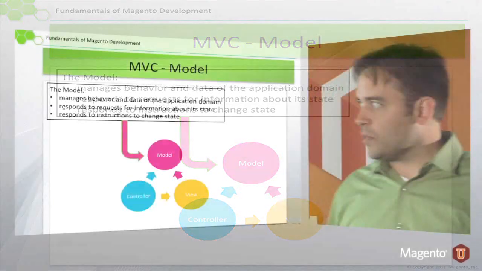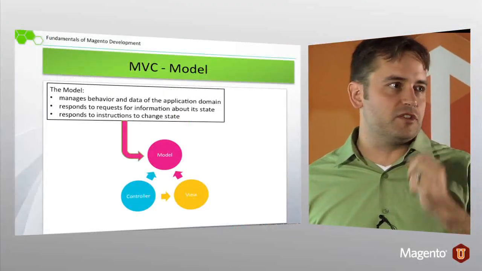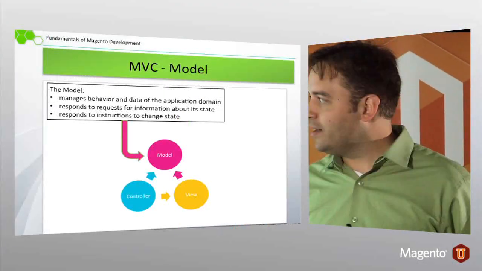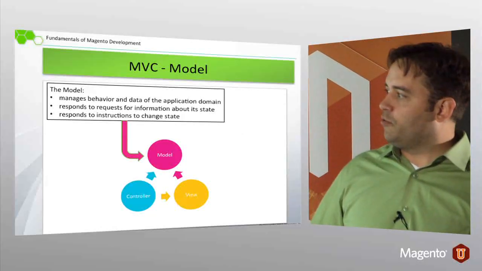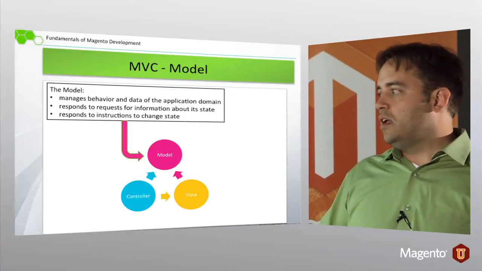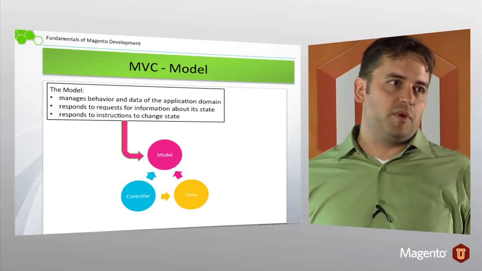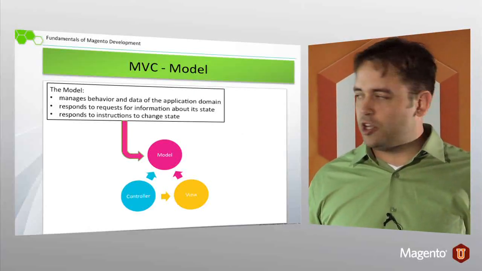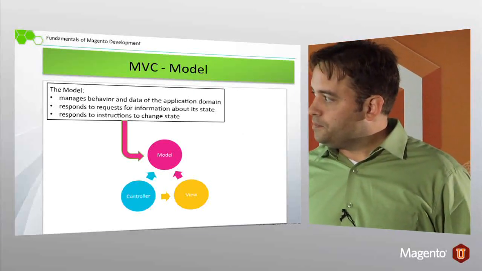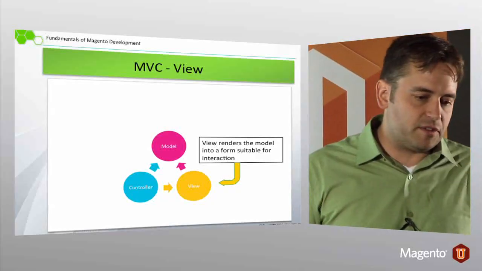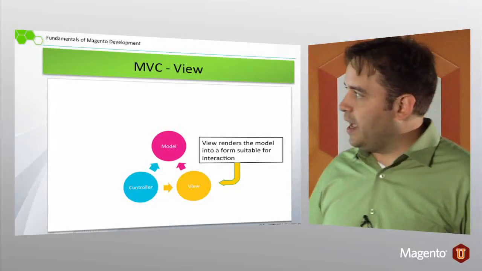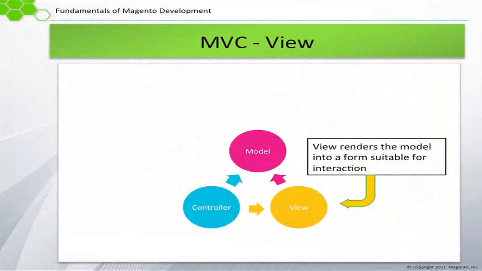The model actually has a few different layers in Magento, and we'll touch on all of that. But the thing to remember here for MVC in Magento is that the request hits the controller, then the controller, through layout XML or directly in the controller, we'll show you both ways, calls the view. The blocks of the view are called in a scope, and they will set up the models that they need.